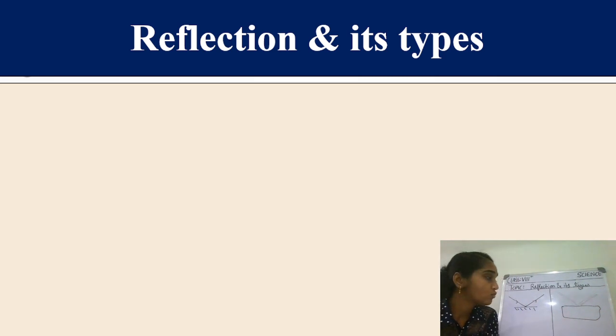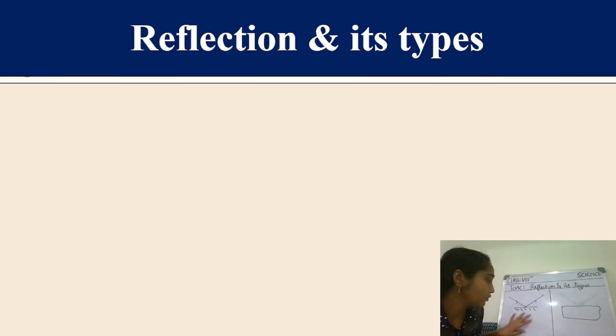So what do you think, is there a difference between these two types of reflection? Yes, there is exactly a difference. The first type is regular reflection, and the second type is diffused reflection.